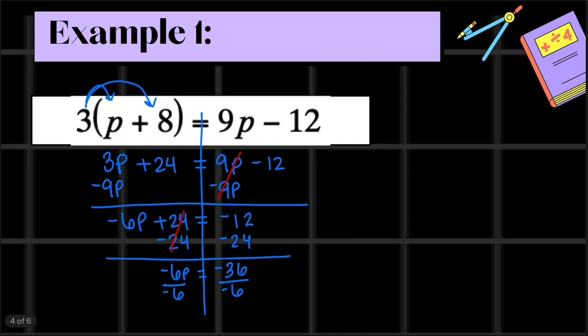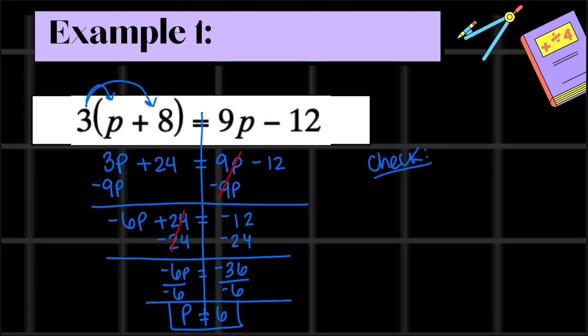On the left, negative 6 divided by negative 6 is just a positive 1. So I'm left with p equals negative 36 divided by negative 6, which is a positive 6. So p equals 6. I'm going to box my answer.